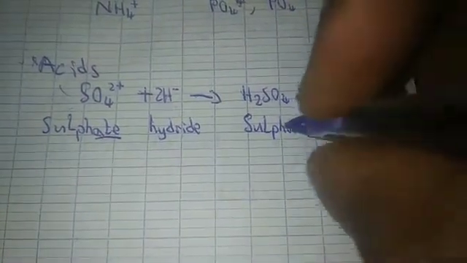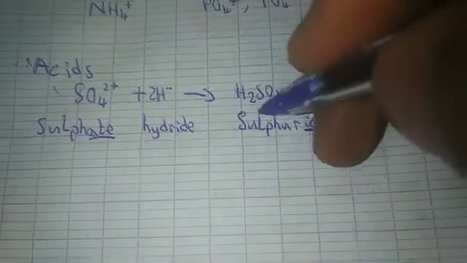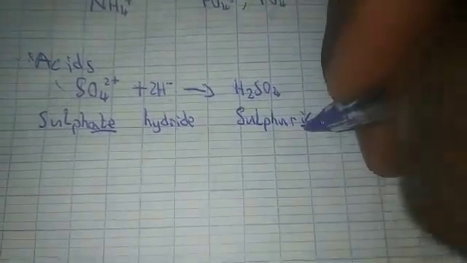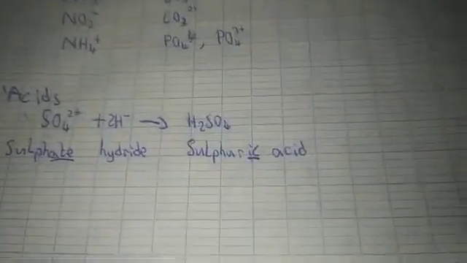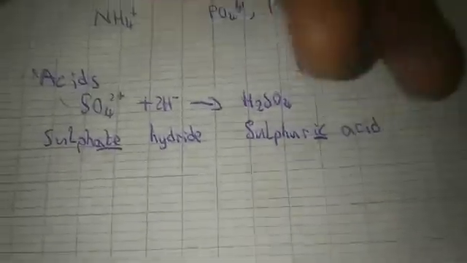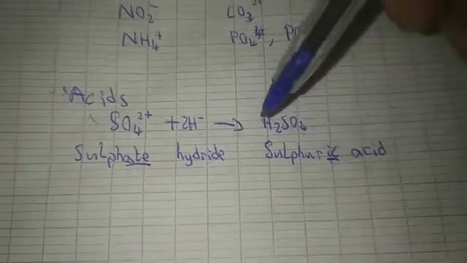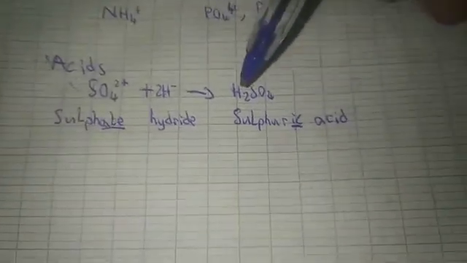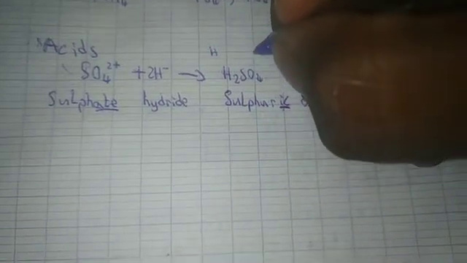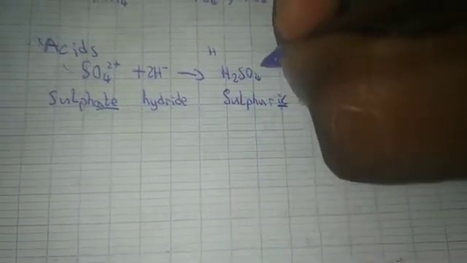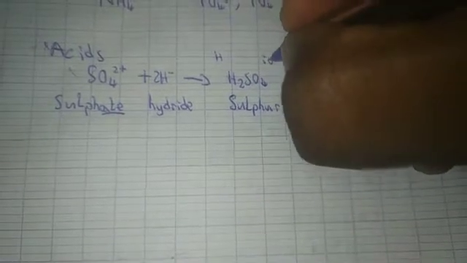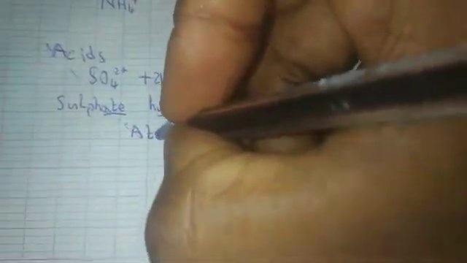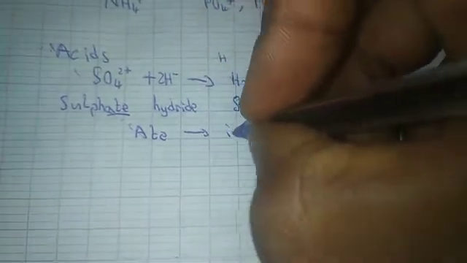So it's basically sulfate, where the suffix is replaced by ic. It's a rule which will not fail you. Whenever you see H2SO4, you know that hydrogen is the proton, and the other ion is called sulfate. So any ion ending in ate gives an acid ending in ic.